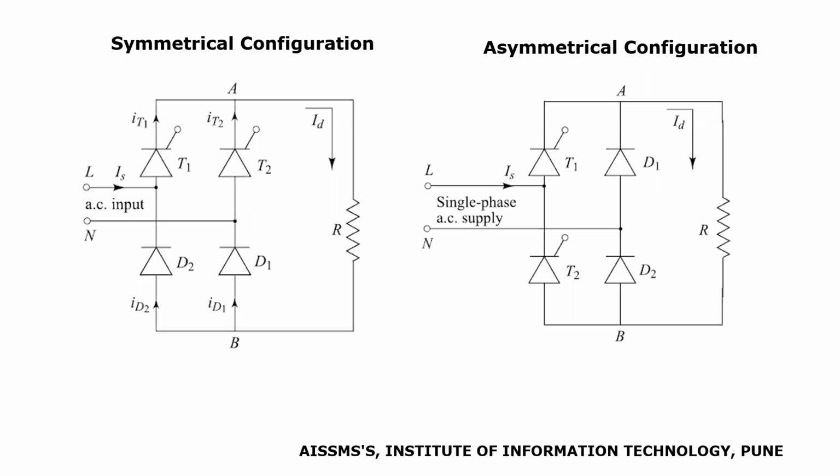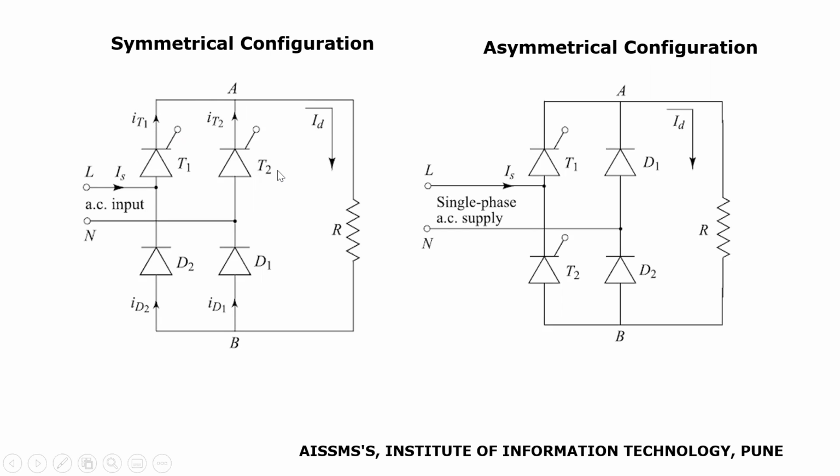In this session, I am explaining working of semi-controlled converter connected to R load. So what is a semi-controlled converter? A semi-controlled converter consists of the controlled power electronic devices as well as uncontrolled power electronic devices. So this figure is indicating a bridge rectifier.